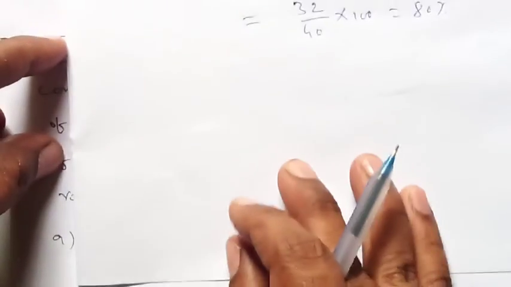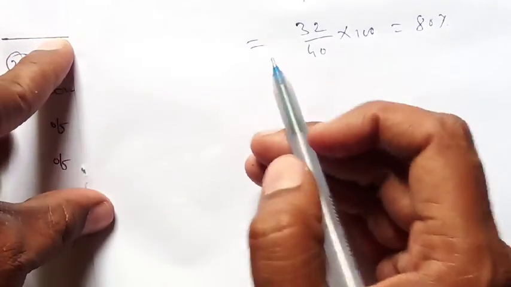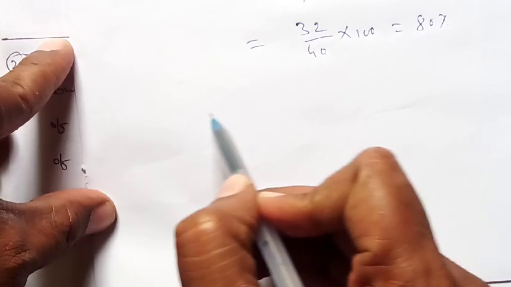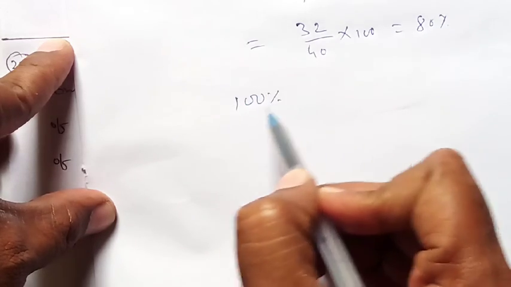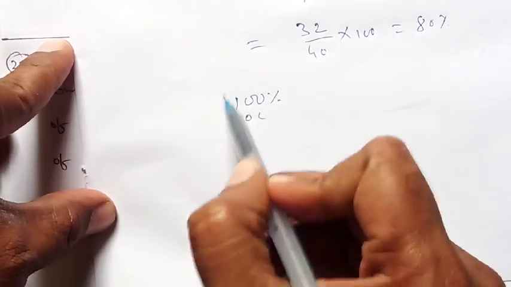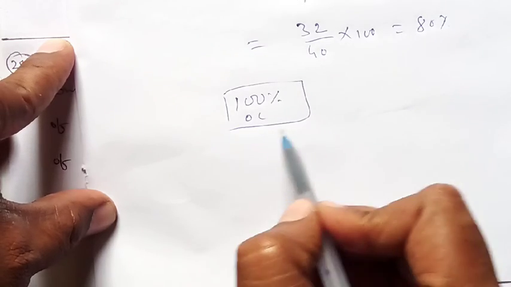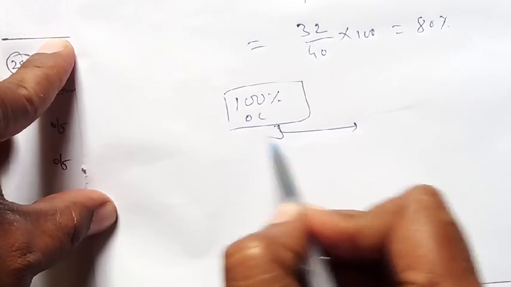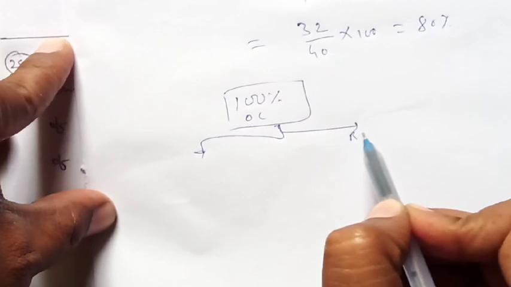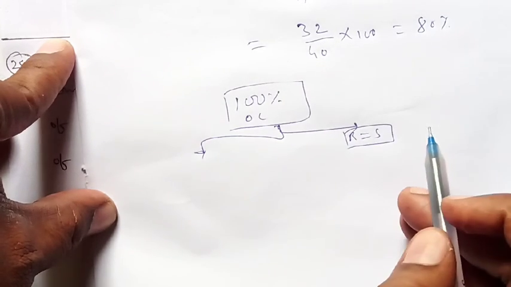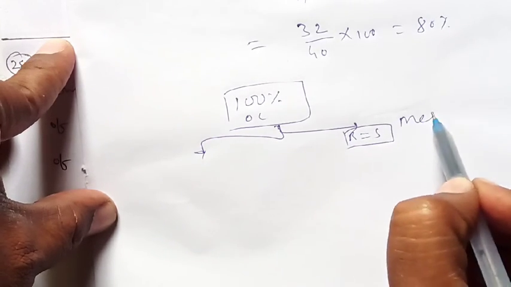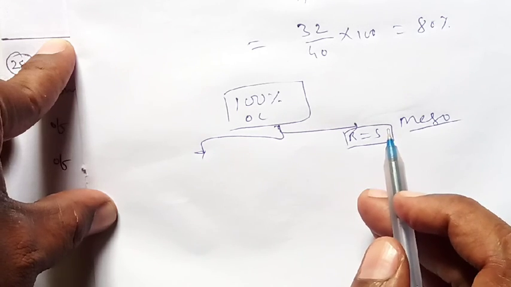Here I shall give a small explanation. In optical compounds, assume 100% of some organic compound. Two possibilities are there. If the R configuration and S configuration are equal, that is called a racemic mixture.